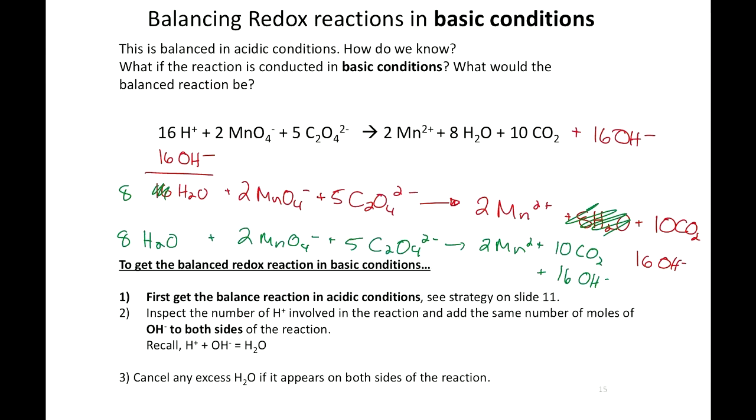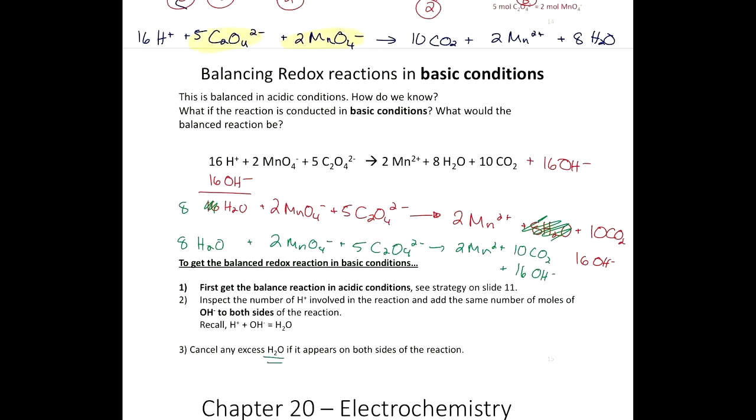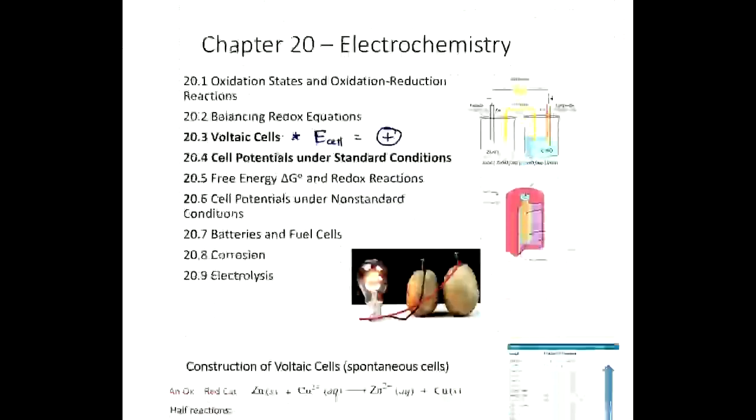And so the strategy here is once you get it in acidic conditions, just add hydroxide to get it back to basic conditions. All right, and then cancel any excess waters if they appear on both sides. That's typically what happens. There'll be water on both sides, and you just cancel out to the, I guess, least common coefficient. All right, so now we finished that section.